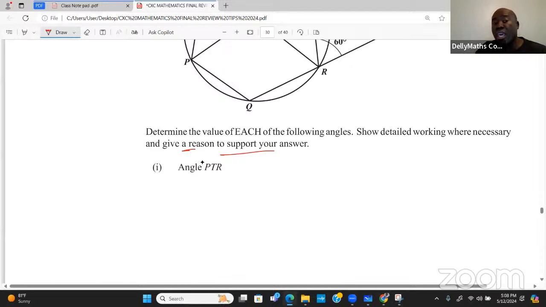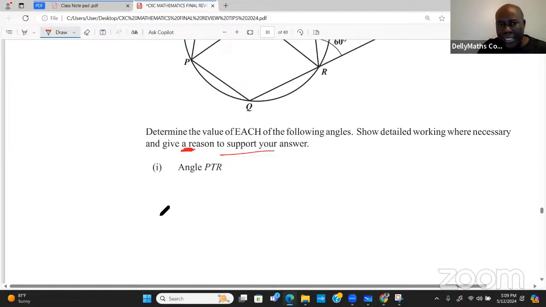Sometimes they do say give a reason for each step. This didn't say that, so we're only going to give one reason. If you want to give more than one, that's up to you. But this question is saying one reason is good enough. But look out, because sometimes they will ask you to give reasons for various steps, all right?